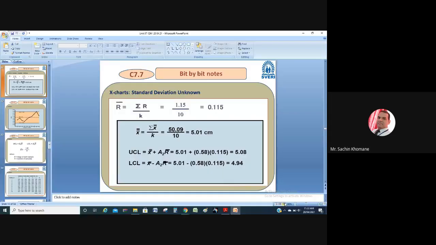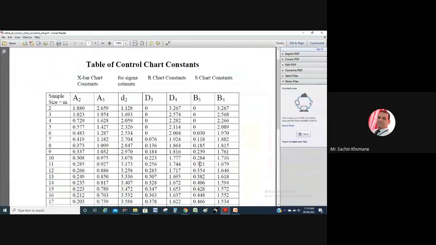So let me switch and show you one chart. Is it visible to all of you, this PDF file? So friends, there are certain constants of control chart, and it is tabulated.